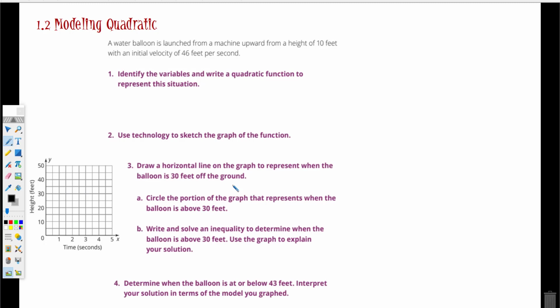So when we're modeling the quadratic, this is just taking it from the story. So the balloon was launched from a machine upward of the height of 10 feet with initial velocity of 46 feet per second. So we're going to identify the variables. The variables are our time and our height, which is our y.